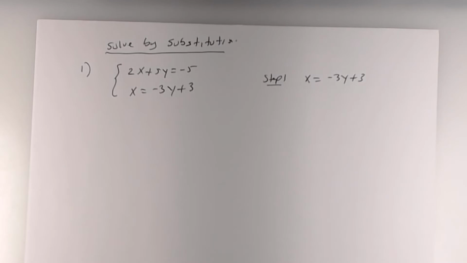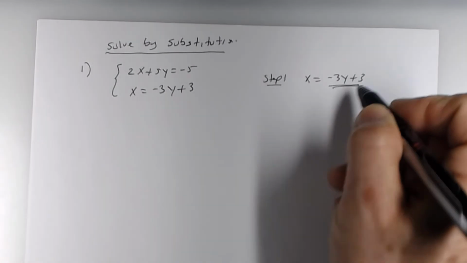Okay, step two. You go to the other equation. So in this case, when I mean other, do I mean the top one or the bottom one? The top one. I go to the other equation, and first of all, in step one, what variable is by itself? X. So do y'all agree that this is saying that x equals this expression right here? Yes.